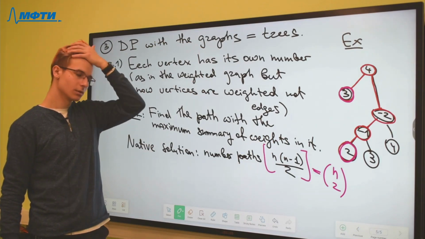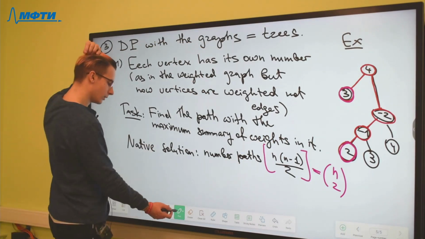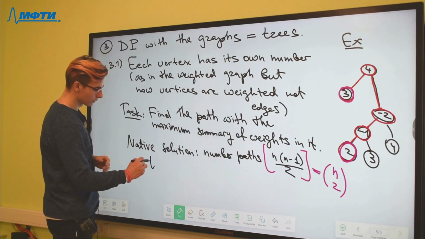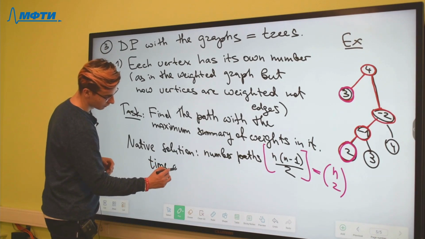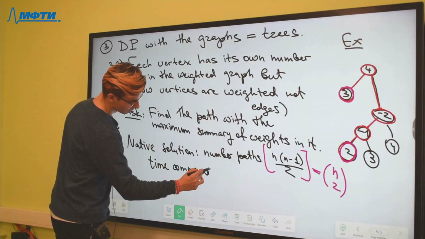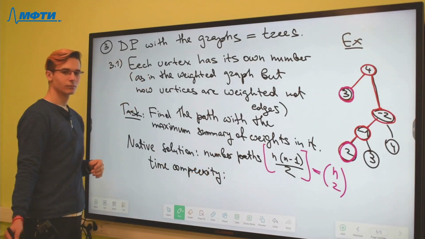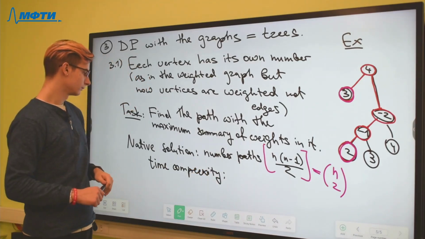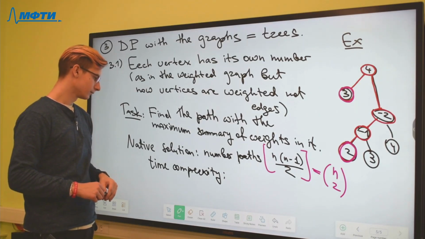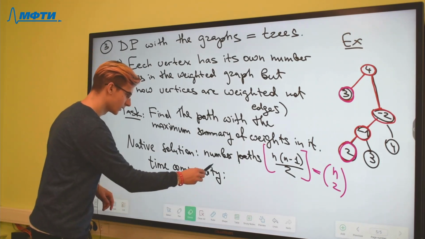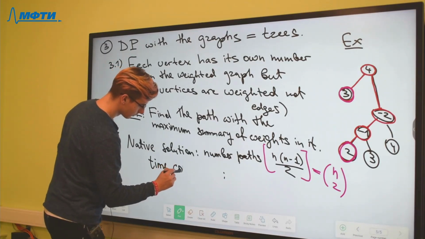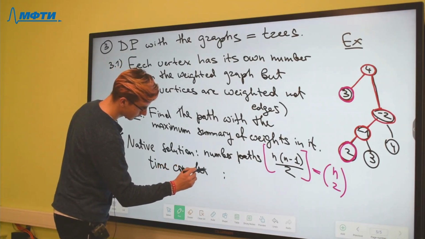So how much time do we spend on it? Time complexity. The number of paths.